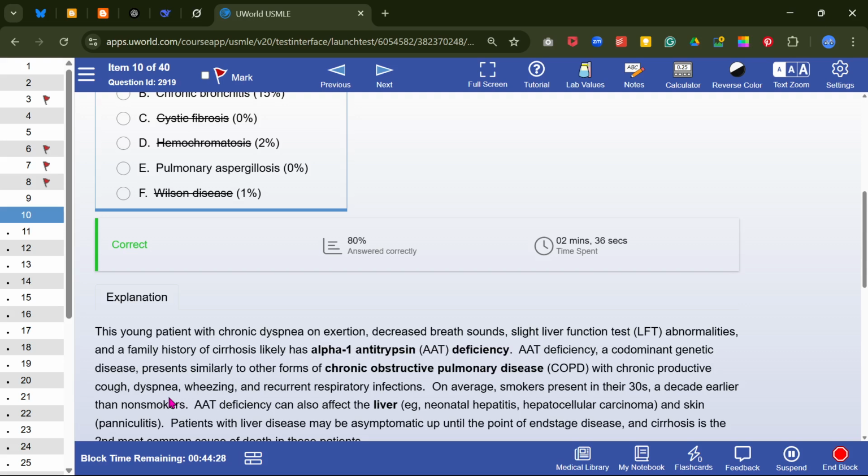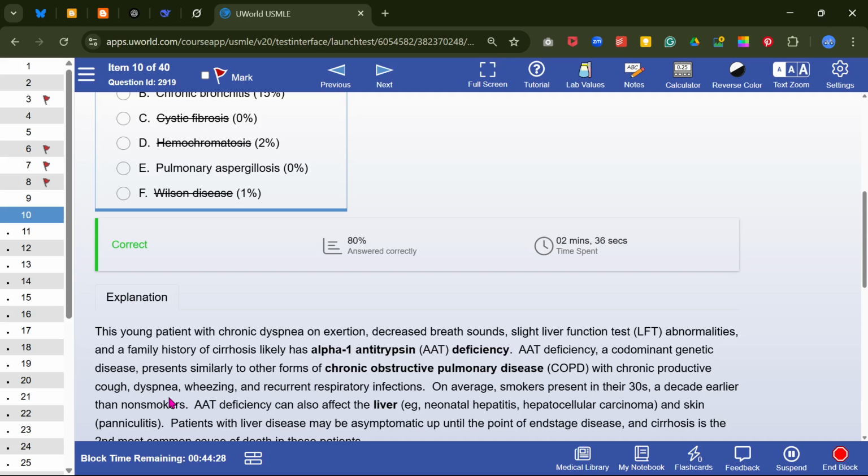This young patient with chronic dyspnea on exertion, decreased breath sounds, slight liver function test abnormality and a family history of cirrhosis likely has alpha-1 antitrypsin deficiency.